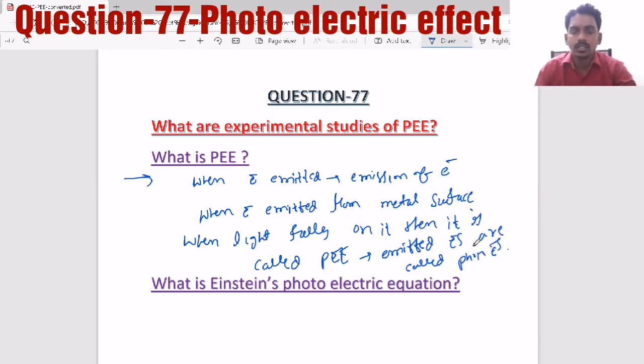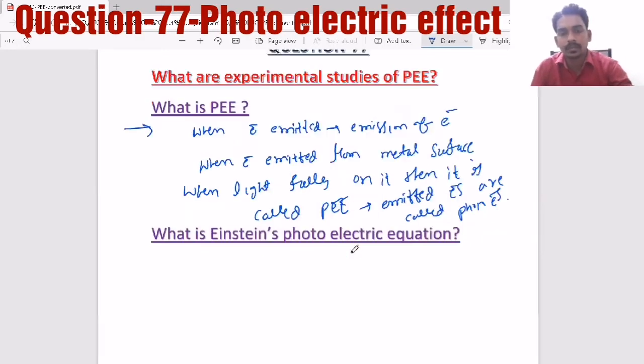So this is the definition of photoelectric effect.